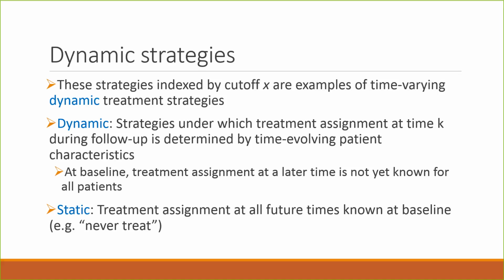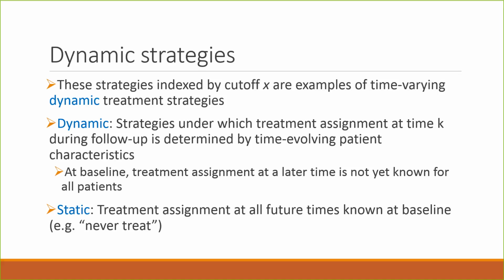In this case, CD4 cell count and your AIDS status. At baseline, under a dynamic treatment rule, I don't know what treatment you're going to be getting, say 6 months later, because it will depend on what's evolving for you over time.